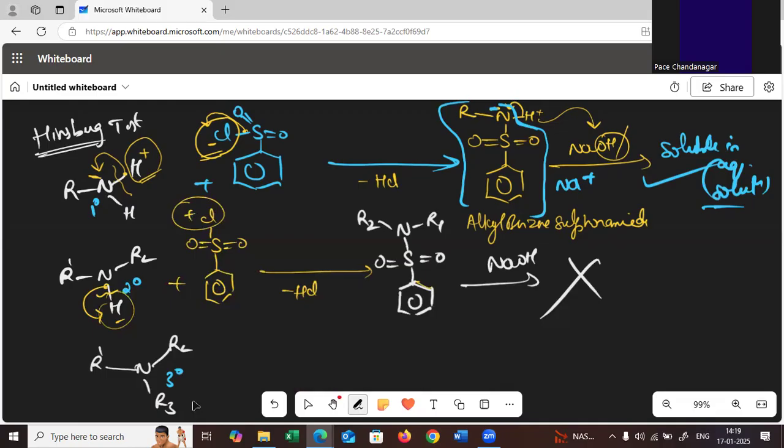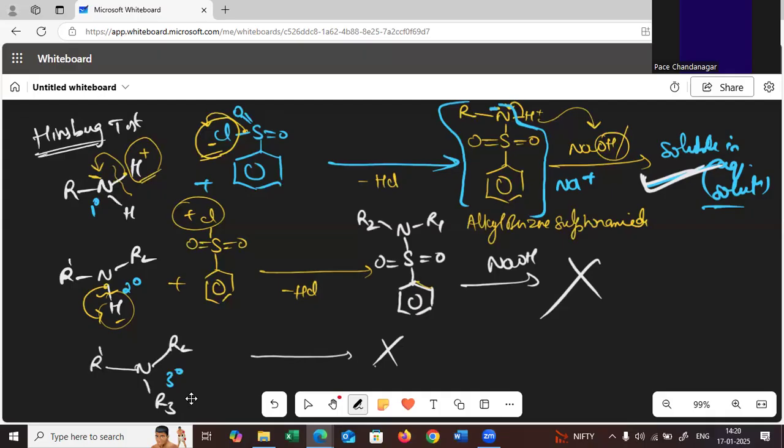Now if I do the same thing with R1, R2 and R3 with benzene sulfonyl chloride, what am I going to get? I have no hydrogen to go off at all here. Therefore I would get the test only if it is a 1 degree amine.